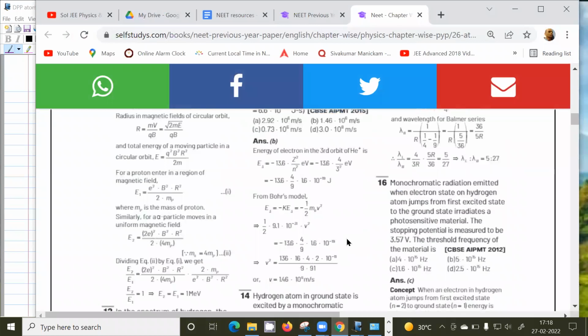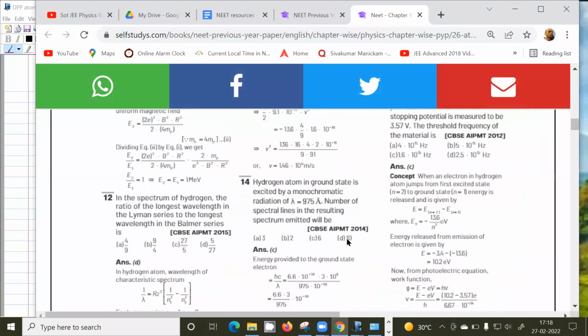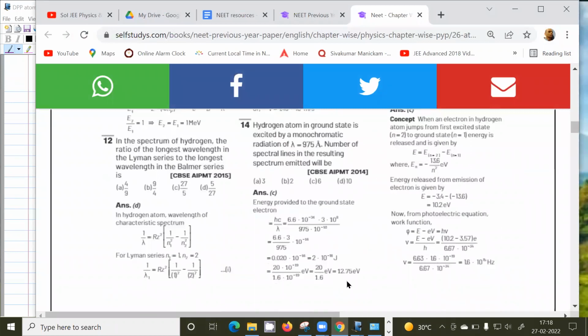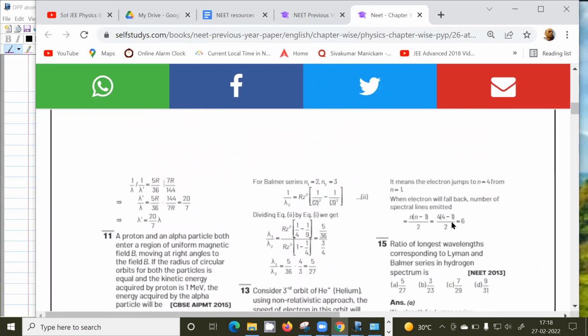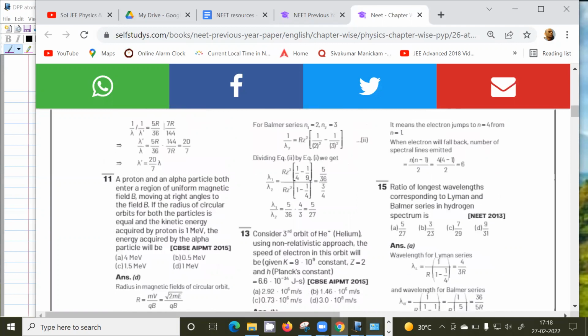Maybe I'll tell next time. But this is the method. Hc by lambda is the corresponding delta E. So delta E is 12.75. It's hydrogen only, right? So from this I have to get n final as 4.